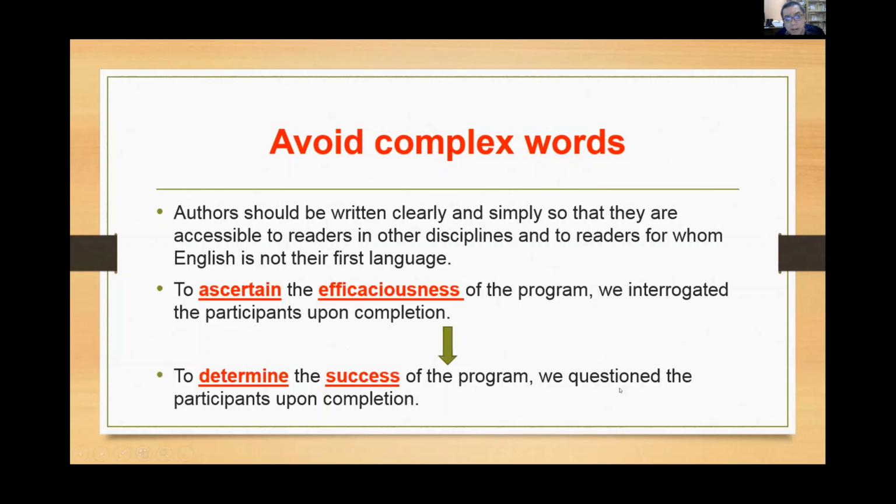Another type is complex words. Some people like to use bombastic words. They copy some bombastic words from other journals without understanding the real meaning. Some people try to show how good their English proficiency is by using vocabulary that makes them feel like Shakespeare.